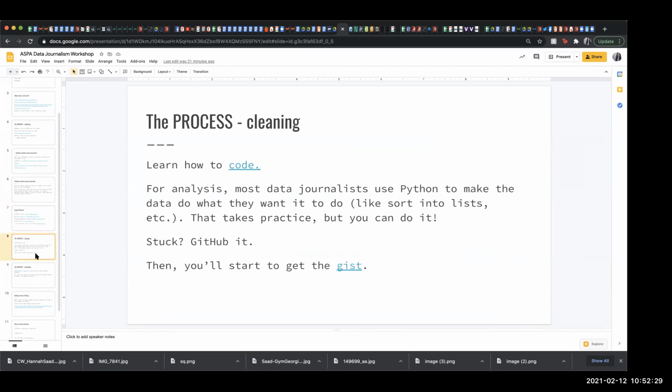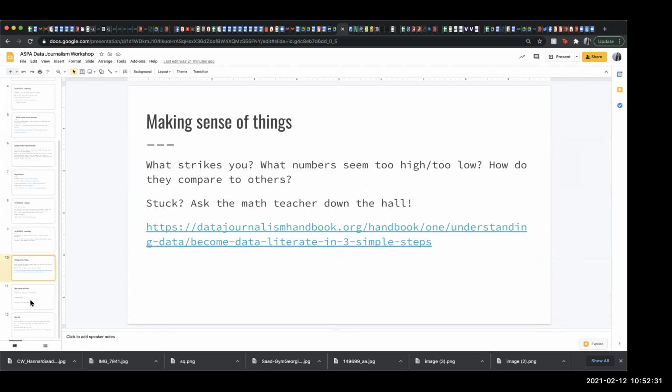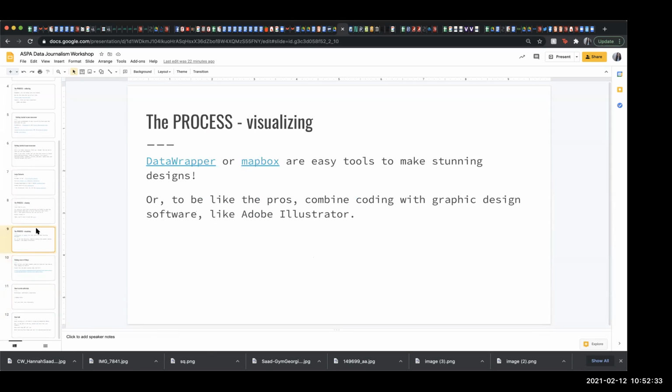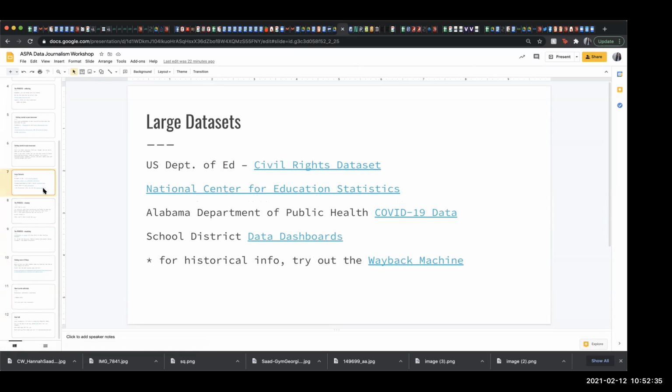But what you want to get used to is getting organized. So once you have your data, you want to be able to put it in a spreadsheet and organize it in a way that makes sense. And that way you can see patterns. Now, I'm not going to get super into spreadsheet organization because that can be boring.